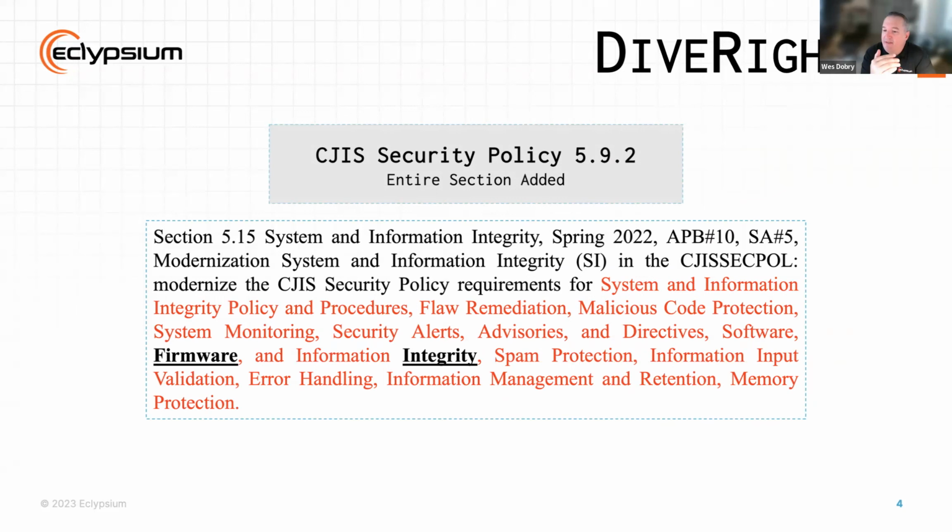As we dive through these specific components, today I'm going to focus on firmware and predominantly integrity, but they've also added some other things that you might want to take a look at around specific controls related to spam, information input, how you handle error messages, retention policies, and ultimately as a whole, aligning closer to things like NIST 800.